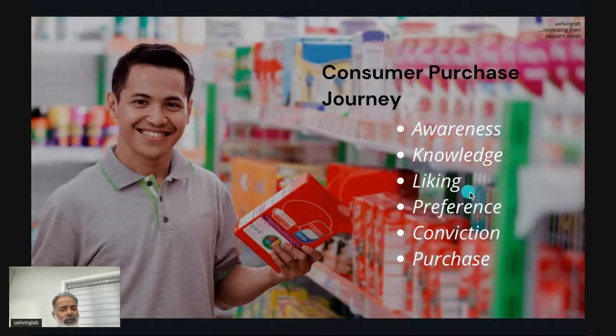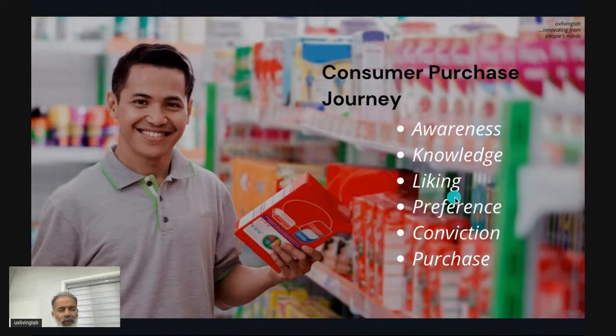So from this consumer journey, you have to interact with consumers when you go to a shop, or someone is acting as a consumer. So you can learn who the other brands are that come into place while the consumer is taking the preference or liking.